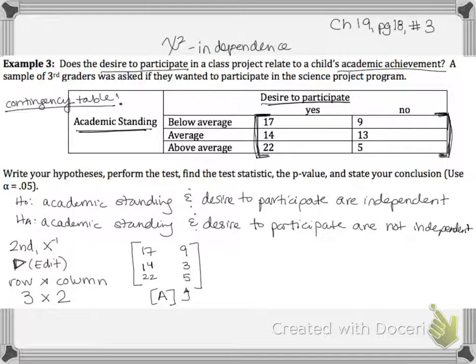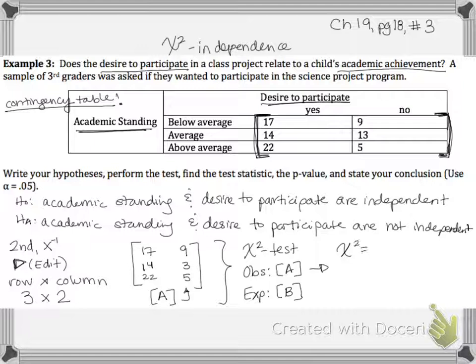So what we all do together, once we've got matrix A in the calculator, is we run a chi-squared test where the observed says A, expected will be filled in for us in matrix B, and we literally just hit calculate. This is my favorite test because you guys feel super confident about it.